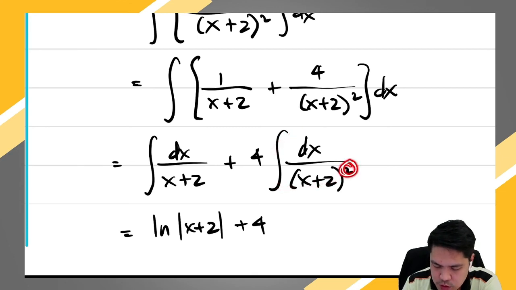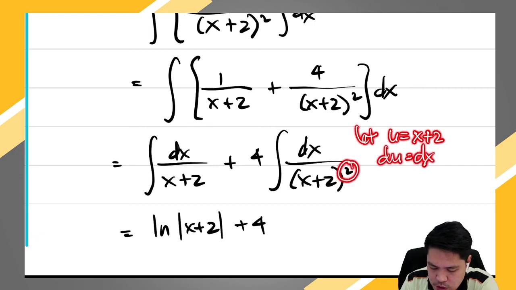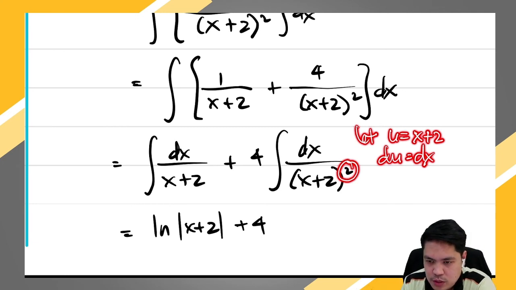Okay? Then plus 4, how about here? Dito, naka-square na siya. So if this is our u, this would be u squared. So if we let u be equal to x plus 2, then du would be dx. Pero may square siya dito, so therefore, it is not equal to negative 1. Therefore, this is not an ln integral, or du over u na integral.